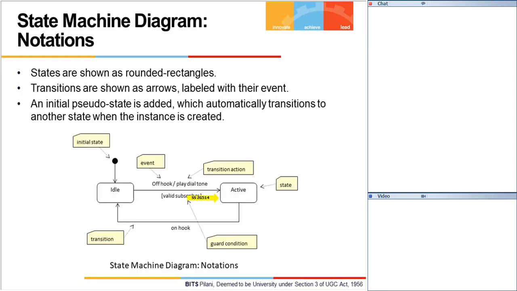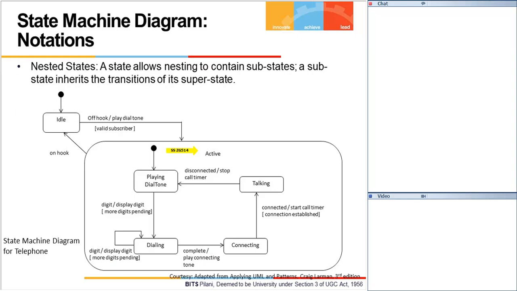So this is in a way level 1 diagram, wherein we are depicting the major states that are there, and then in the level 2 you are depicting the elaboration of the important active state. Okay, I will zoom it a little so that we understand this diagram. Let's understand what's happening in this particular diagram.